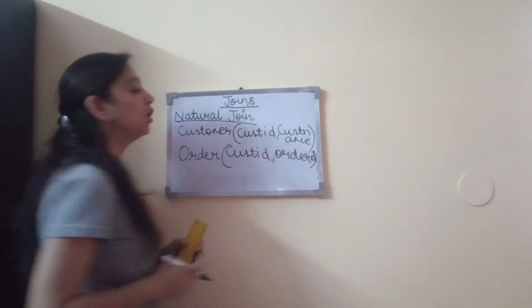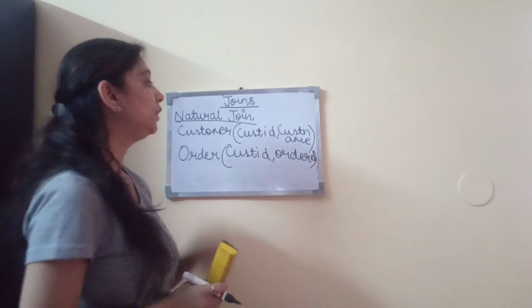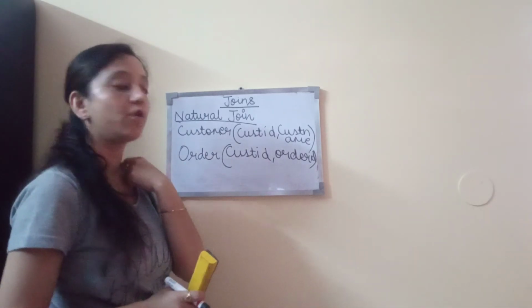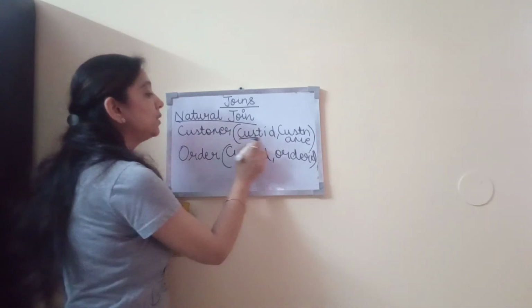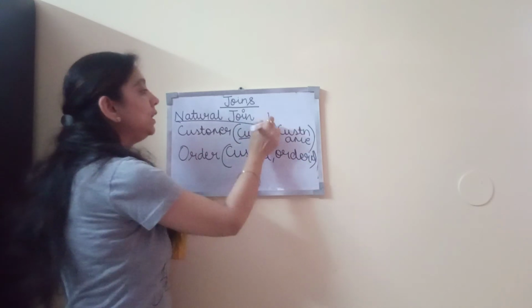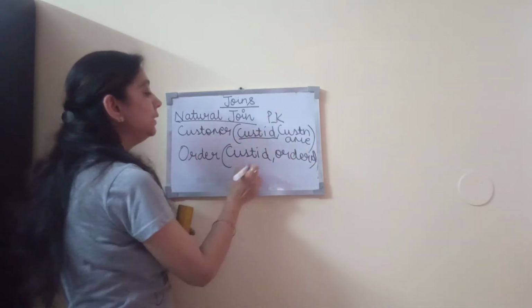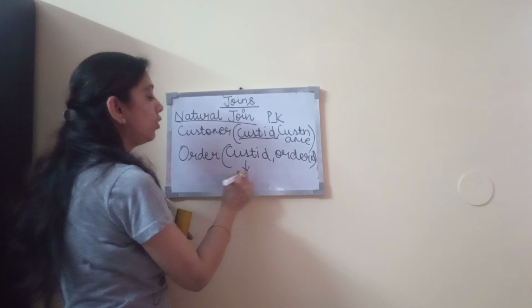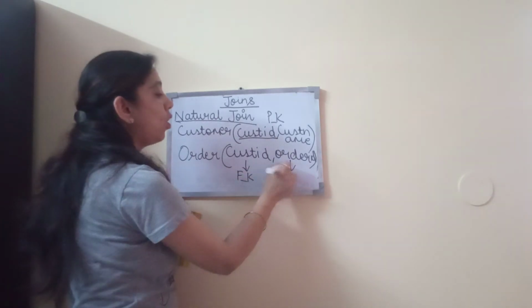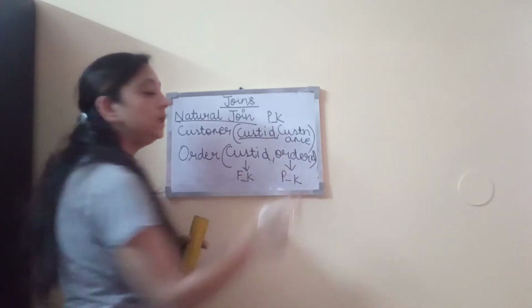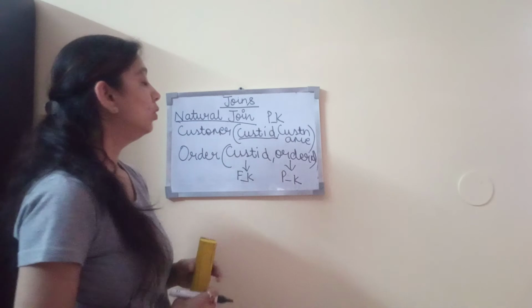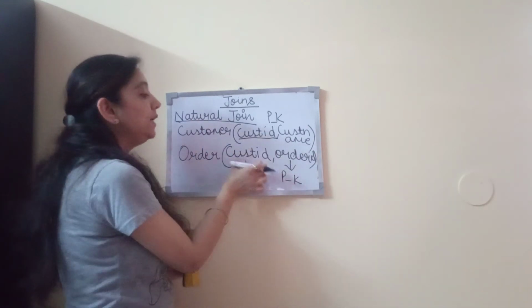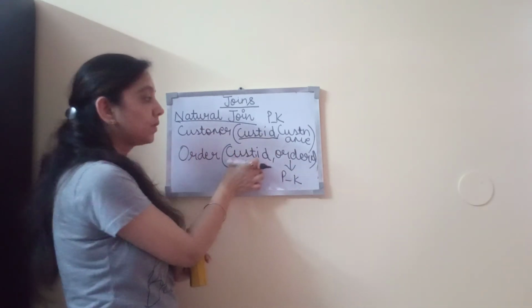Right. So by now obviously you must be clear with the concept of primary key and foreign key. Obviously here customer ID is the primary key. In this table customer ID is the foreign key, and here order ID is the primary key. Now customer ID is the common column.